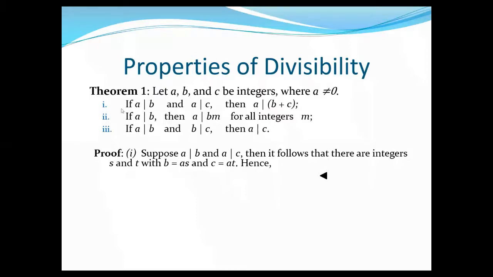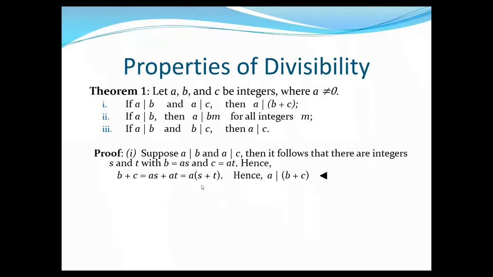So based on form 1, we have B plus C. Let's substitute AS and AT to B plus C. So it will be rewritten as AS plus AT. We have a common term, which is A. So let's factor it out. It means we have A times (S plus T). And what is this form?